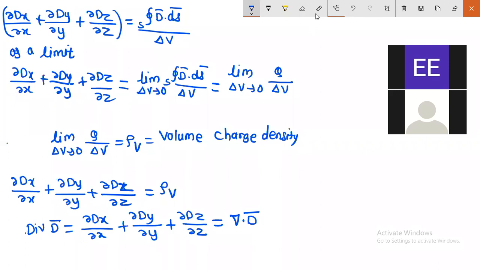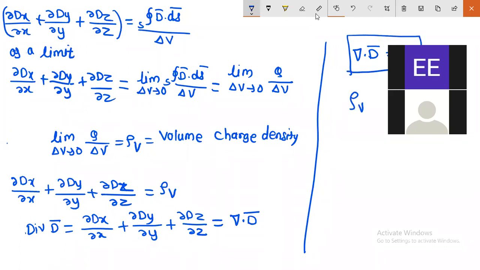So we can finally write this equation as del dot D bar is equal to rho v, or we can also write rho v is equal to del dot D bar, and this is the point form of Gauss law.